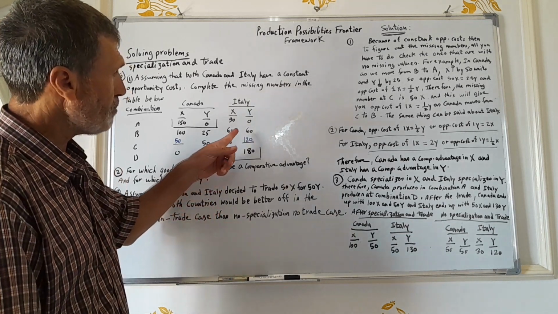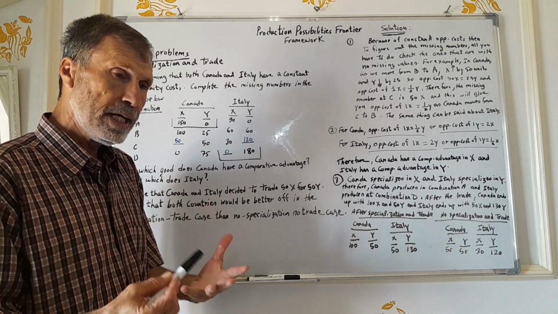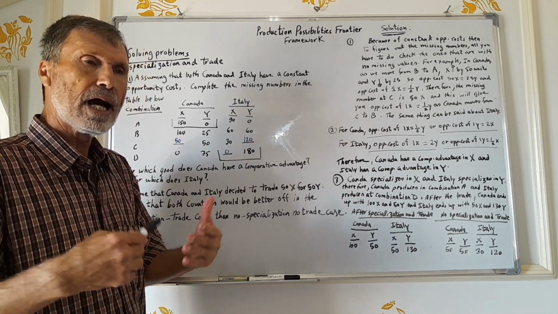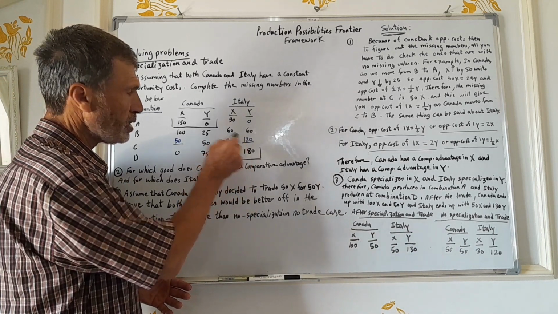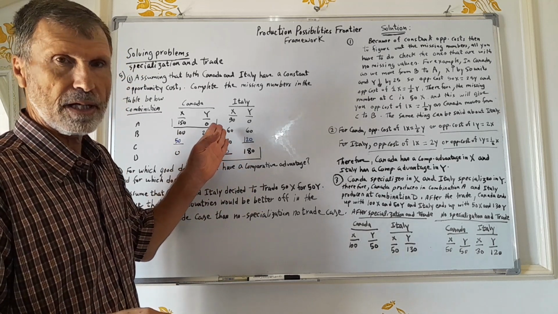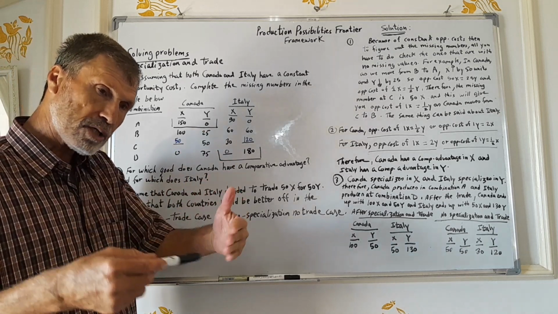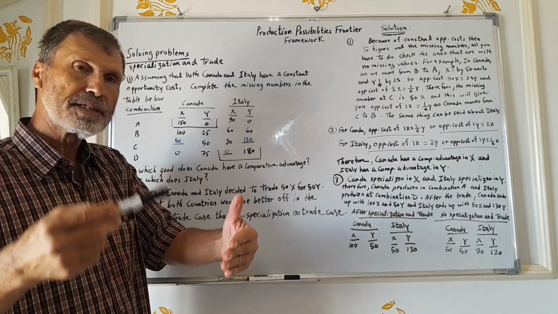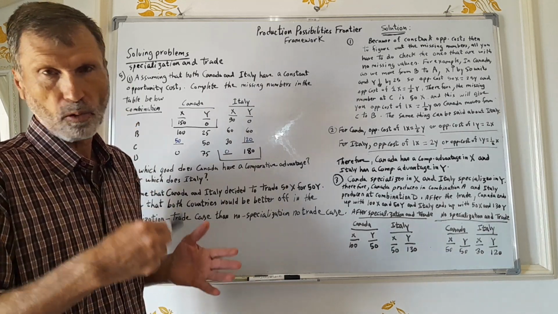Okay, the same thing can be said about Italy. Italy also has a constant opportunity cost. We need to find the missing 0 and 120. So first, we look at any combination that doesn't have any missing numbers, in order to find the opportunity cost of one x or one y.